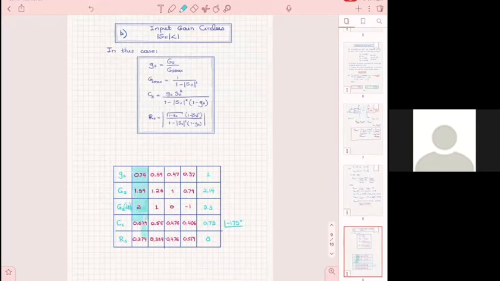What do you mean? Could you explain? Do we calculate GS in dB, or do we just assume one in dB? You're talking about this here. Yeah.